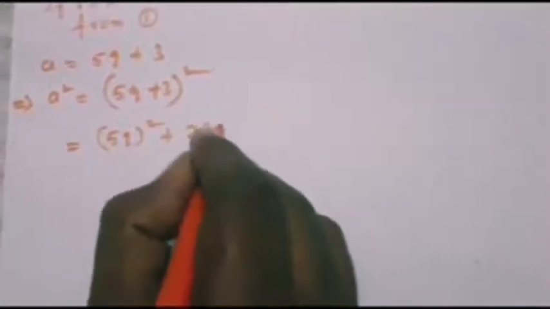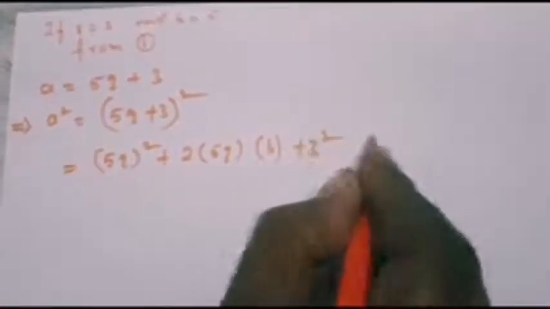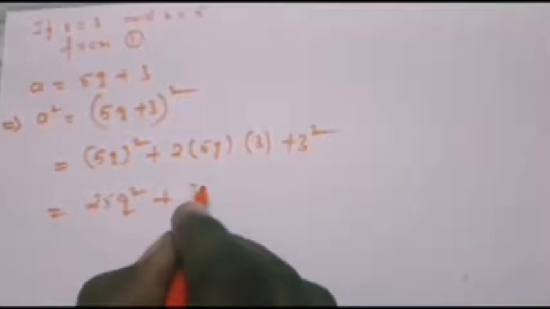Squaring on both sides, because it is the square of any positive integer, a square equals 5q plus 3 whole square. 5q whole square plus 2ab plus b square: 25q square plus 30q plus 9.